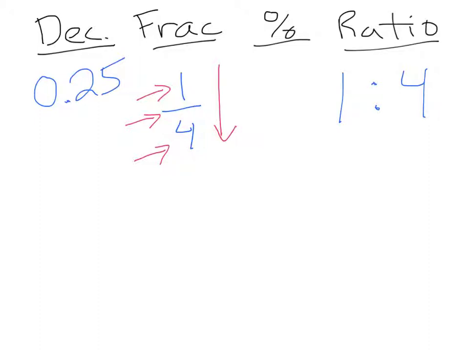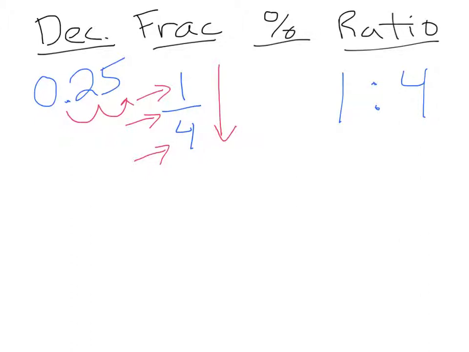Now with our decimal is how we're going to get to our percent. Remember, technically to go from decimal to percent, we are multiplying by 100. Well, when we multiply by 100, that's the same thing as taking this decimal point and moving it 2 places to the right. Decimal to percent is always 2 places to the right.